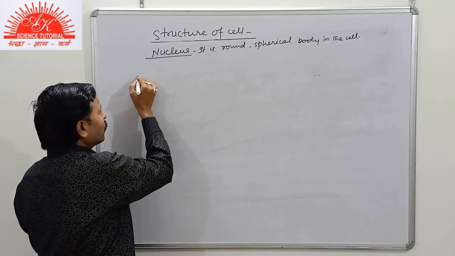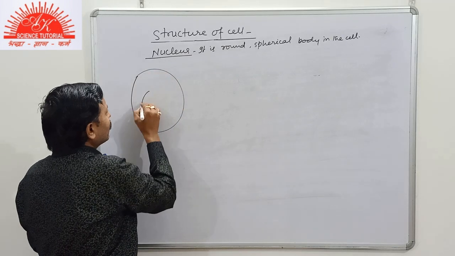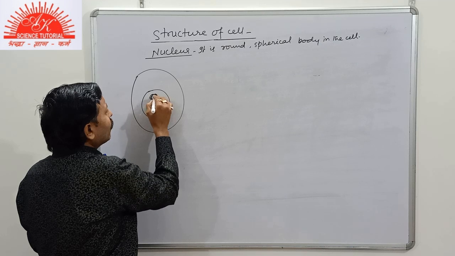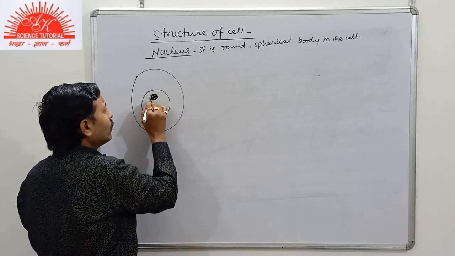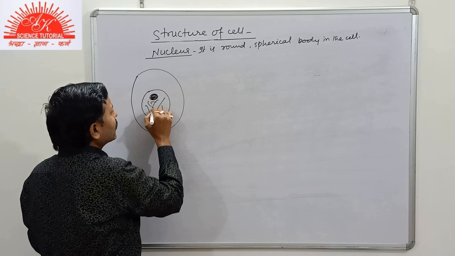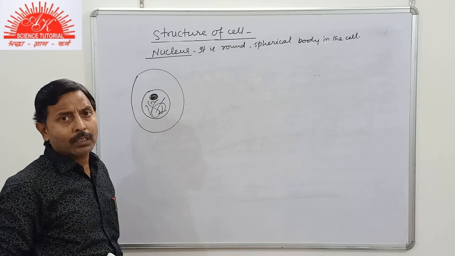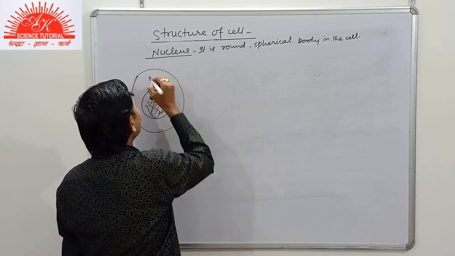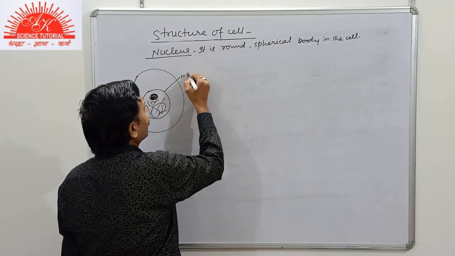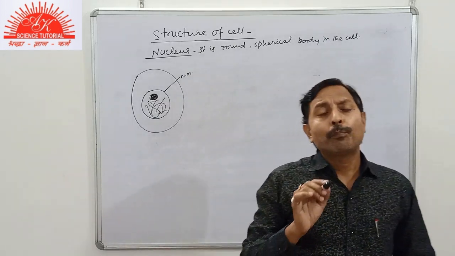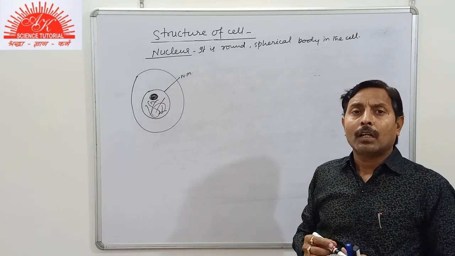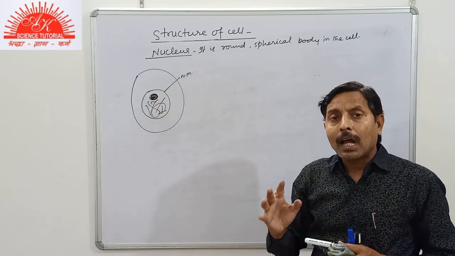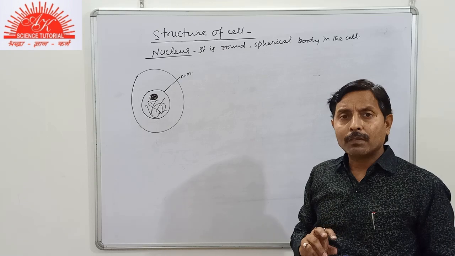As we have studied, suppose here is the cell. Now there is the nucleus, nuclear membrane. Inside the nucleus there is a round body called nucleolus, and then there are thread-like structures called chromatin fibers. The nuclear membrane, in short, we write here NM. In prokaryotic cell, there is no nuclear membrane, so nucleic material is scattered in the cytoplasm.